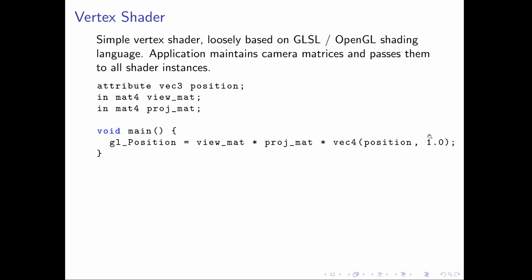That is, I'm adding a W coordinate and giving it the value 1.0 to indicate it's a position in space. Then I'm using those two 4x4 matrices, which also come in from the application as an input parameter, and I just multiply by them, and that gives me the vertex output position.